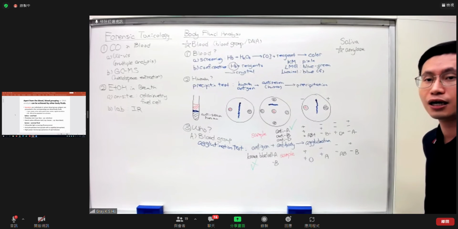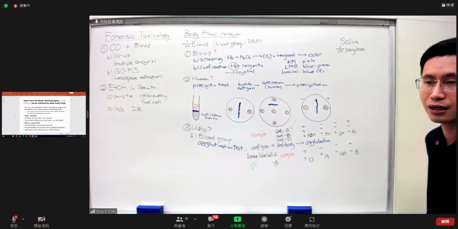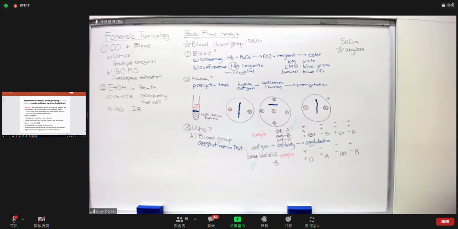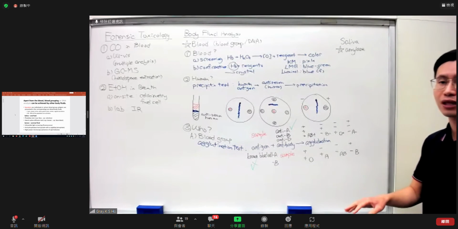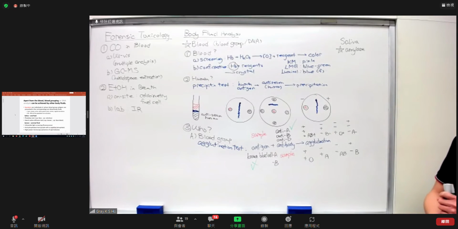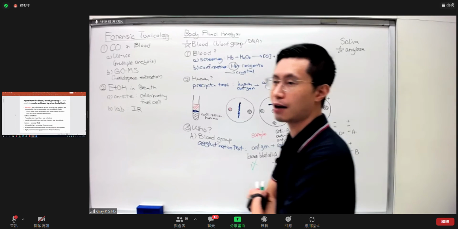For the other kinds of body fluids or other kinds of colorless liquid, obviously they won't contain any amylase. If you can check that that kind of liquid contains amylase, most likely it will be saliva. So in order to check for saliva, we try to see whether it contains amylase.